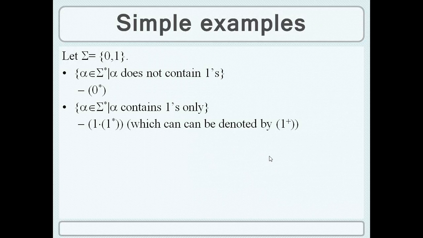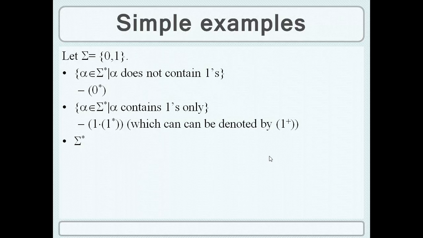For example, if sigma is {0, 1} and alpha is an element of sigma star such that alpha does not contain the symbol 1, then it is 0 star.